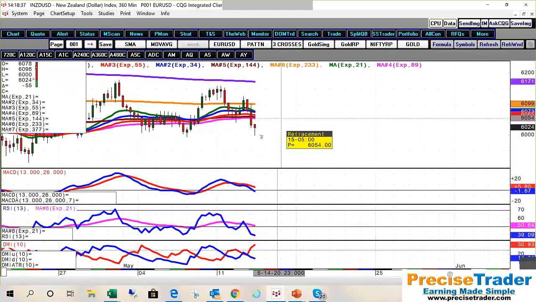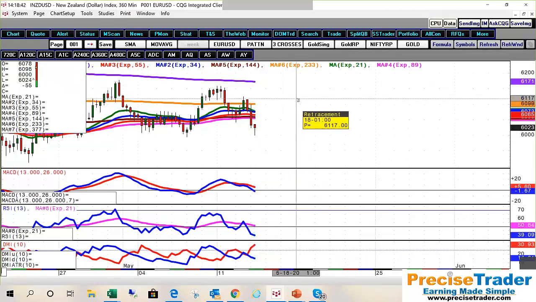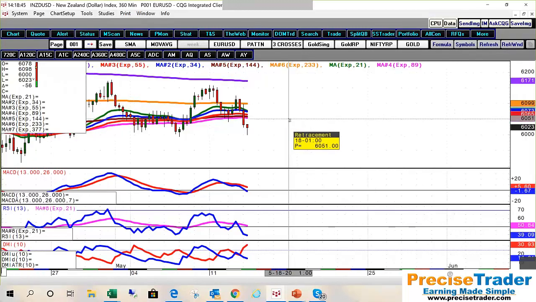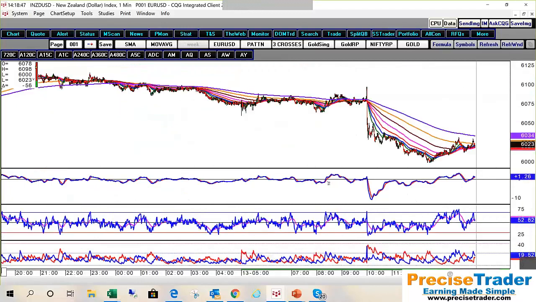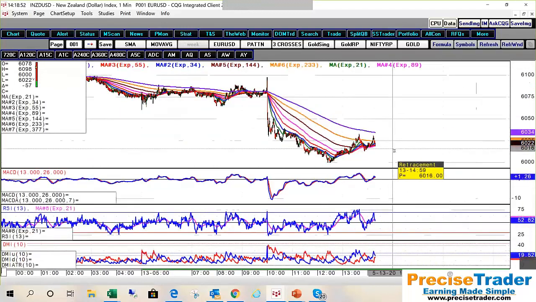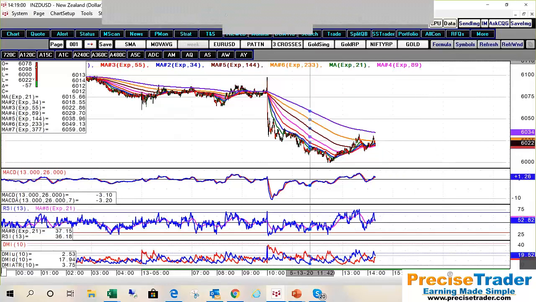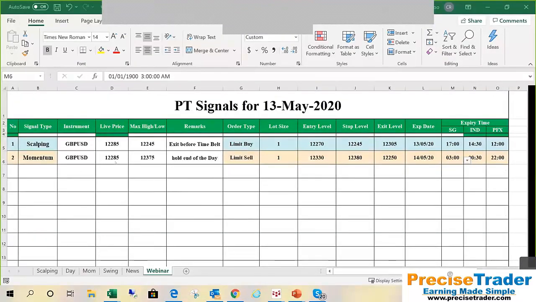On the other hand, the low is 60. So we want to enter. What we can do is play the game on two notes. That means we go with the same scenario as the pound. We can go for a buy in the near term, and in the medium term probably we can go for a sell or short.